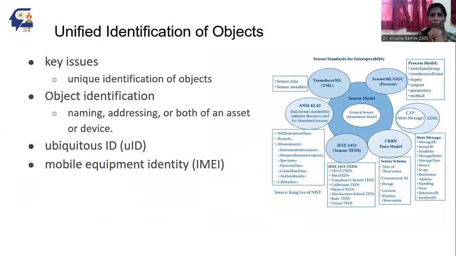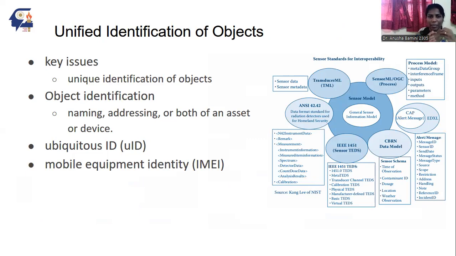Then unified object identification. We know a lot of objects we are incorporating together with the computer. We are connecting some kind of objects or devices to the internet. So how can we identify a device or an object? We need some such kind of unique identification.